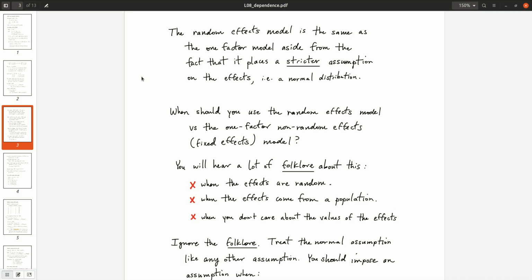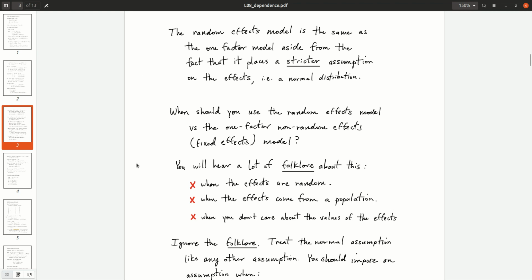Namely, it says that they follow a normal distribution, as opposed to the one-factor model, which places no assumption on the distribution of the collection of the effects. So, when should you use a random effects model versus the one-factor model, the non-random effects model? Like I said, they often give similar results, but they are different models, and they will give slightly different results.